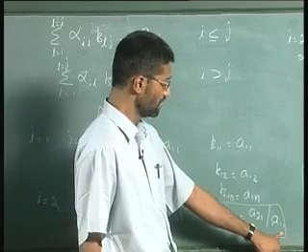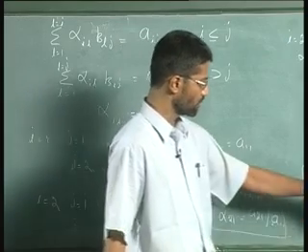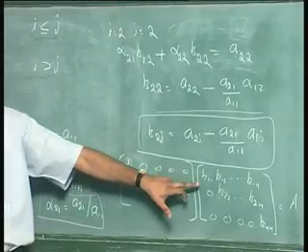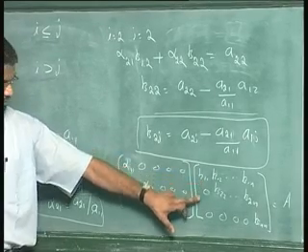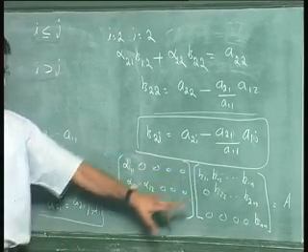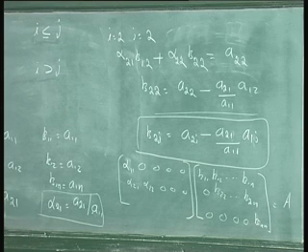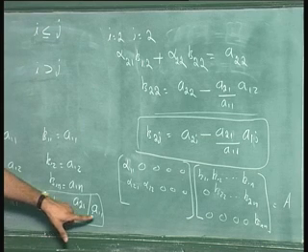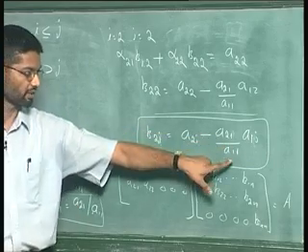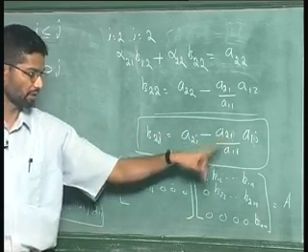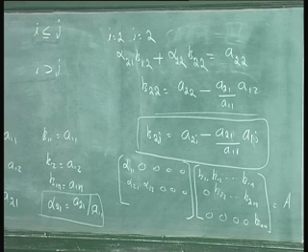To eliminate all the elements in the first column below the first row, we multiply the first row by a factor which is A21 by A11, and similarly for the next one. So the whole row was multiplied by A21 by A11, and that is exactly what goes in as alpha 21 here.